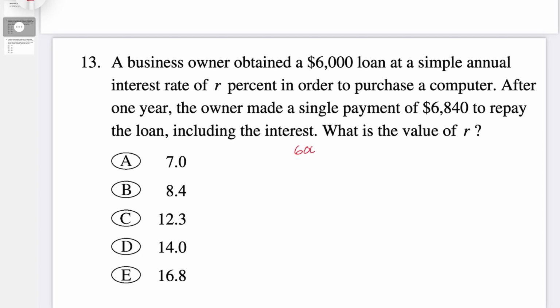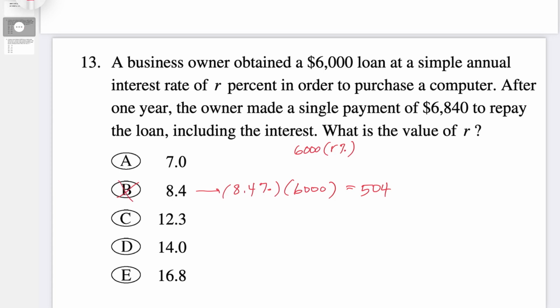All the answer choices are R, so I'm going to take 6,000 times R%, and that will be how I solve. Beginning with B, I'm going to do 8.4% times 6,000, which equals 504.